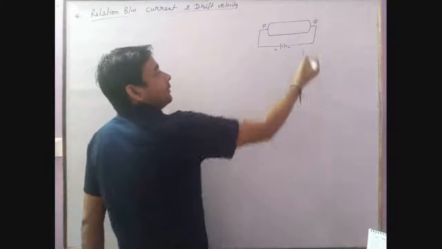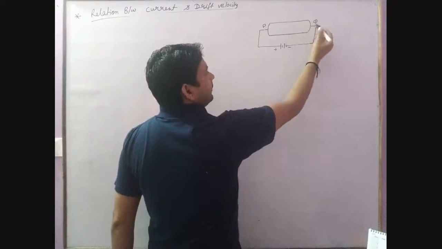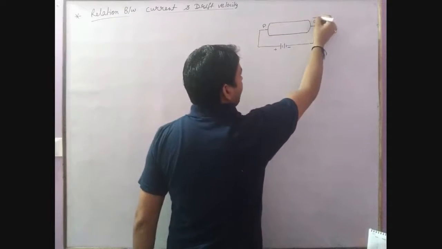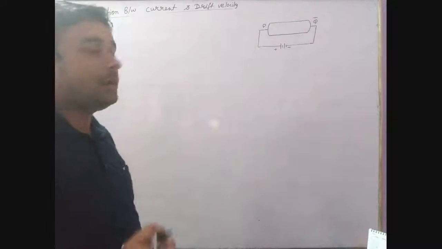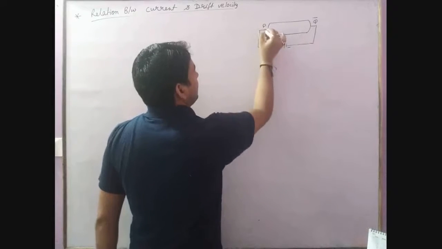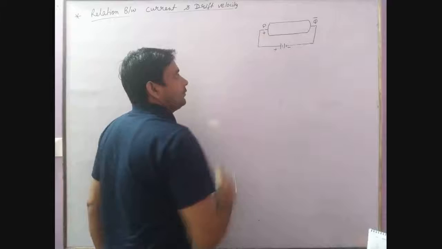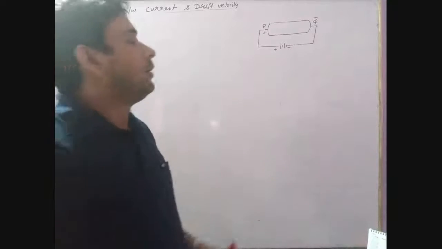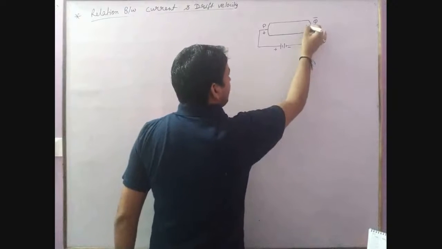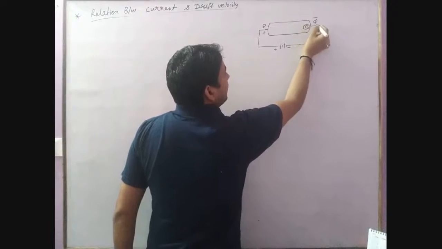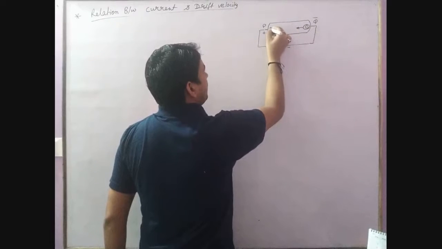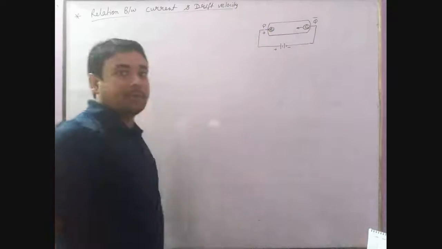Now the Q end of the wire or conductor is connected with the negative terminal, so it is negatively charged, or we say it has a higher concentration of electrons, and P is positive, with a lower concentration of electrons. So it is very clear the electrons will move from Q to P.